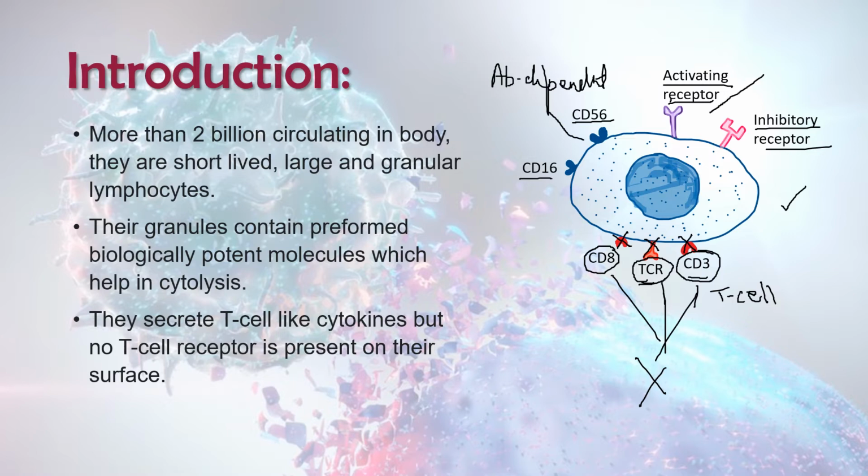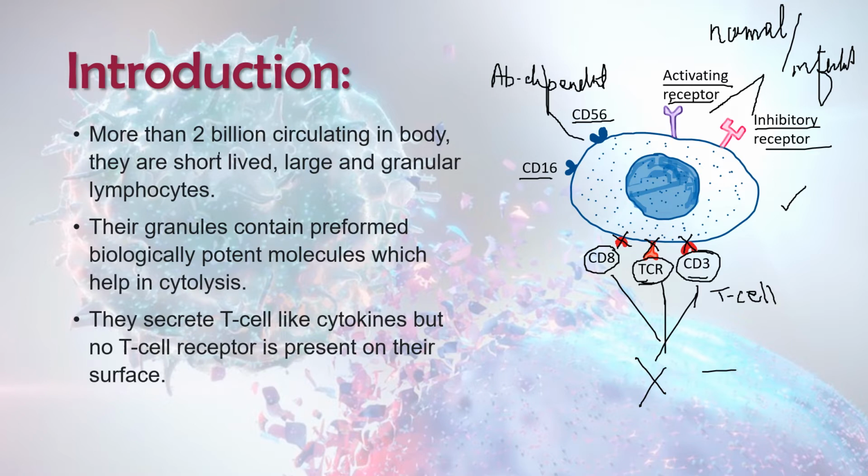These two are very important for the functions performed by NK cells. They basically help in distinguishing between the normal cell and the infected cell. So we can say that both receptors have a very significant role in the cytolysis behavior of natural killer cells.